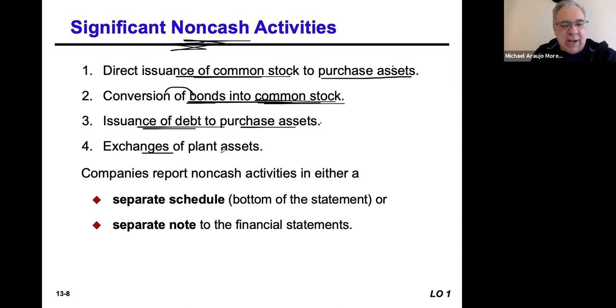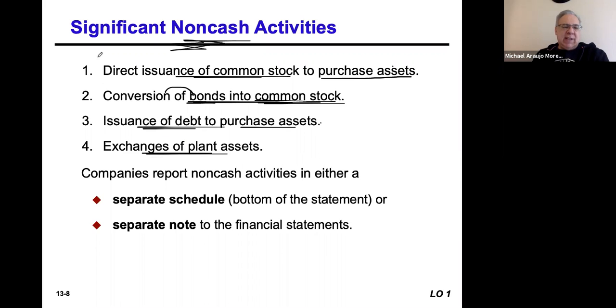And any exchanges of plant assets, right? So if we exchanged our truck for a new truck, and no cash went with that exchange, that is also a non-cash activity.